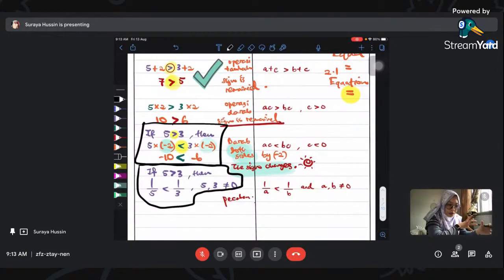So now, if 5 is greater than 3, yes, 5 is bigger than 3. But when we make them fractions, 1/5, press the calculator, what is the value of 1/5? What is the value of 1/3? You will see that when they become fractions, 1/3 is bigger than 1/5. You should understand this too. This is important as well. When it becomes a fraction, the small number here seems bigger now.